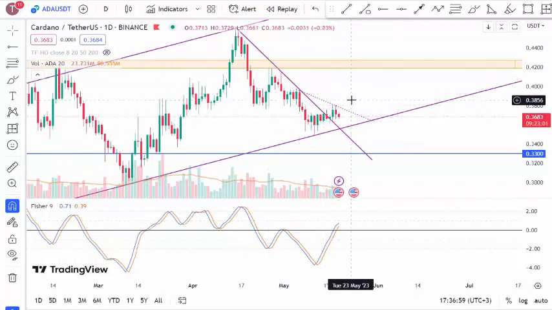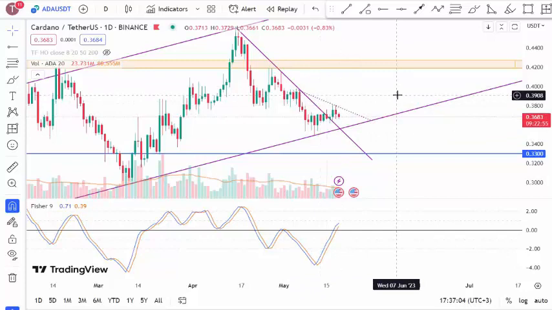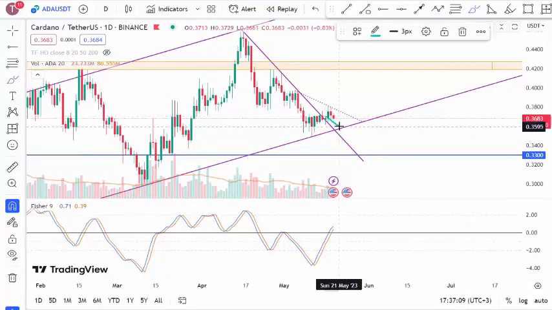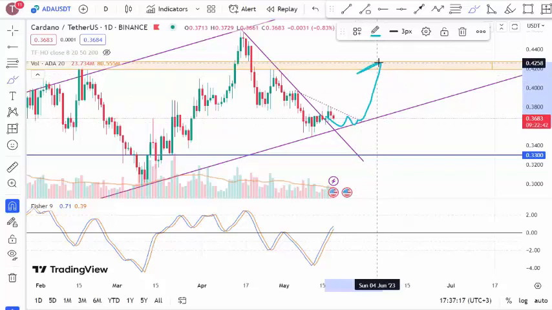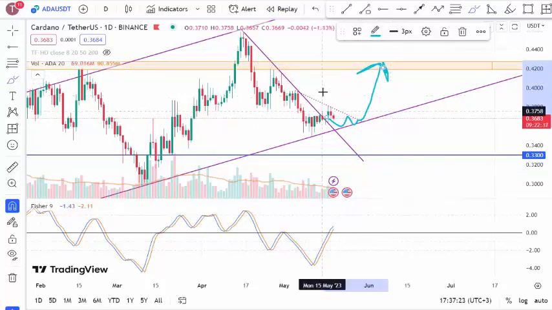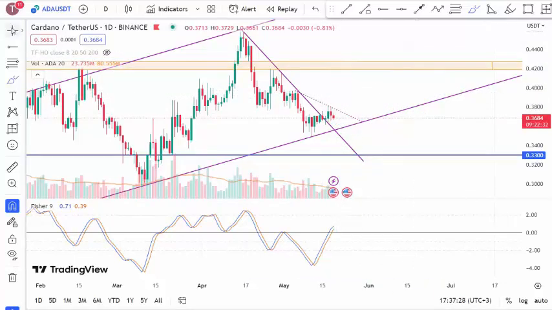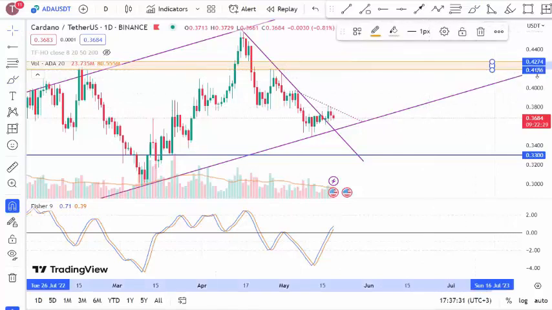After moving within the triangle for a while, we expect it to break out and rise to this level. Of course, it is not necessary for it to rise all the way to this level. There may be support and resistance zones in between, as we mentioned earlier. However, it is likely that it will eventually reach around 0.47. After breaking this zone, we will have some interesting discussions. Therefore, this point is important.